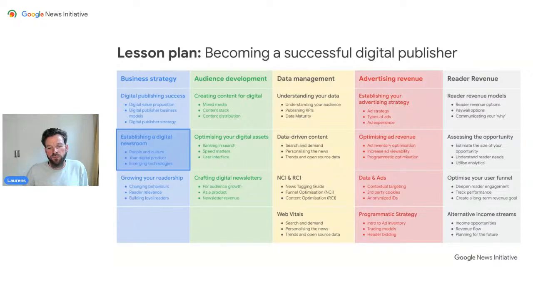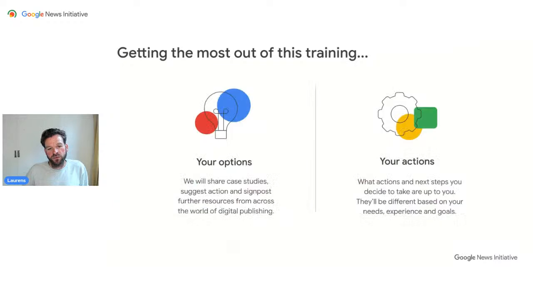First of all, before we go into today's lesson, I would like to emphasize that to get the most out of this training, we want to help show you the variety of options that are available to you. However, it's really important for us to say that these are just options. The online digital publishing world is complex.